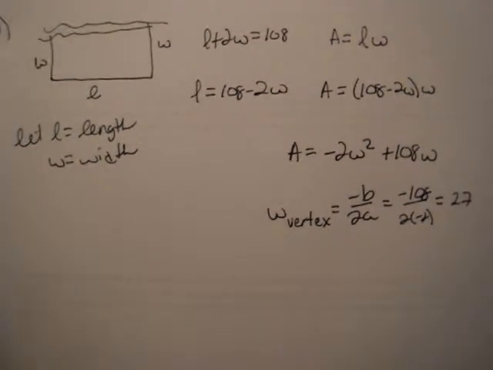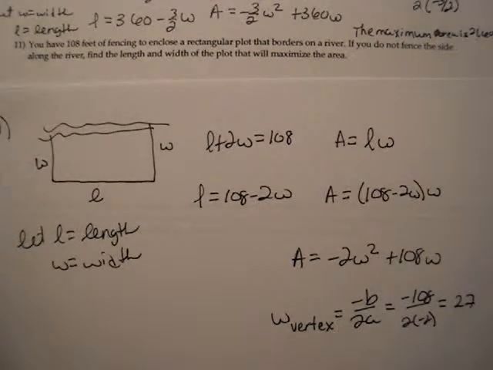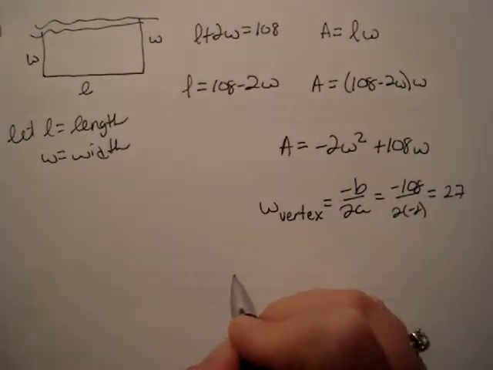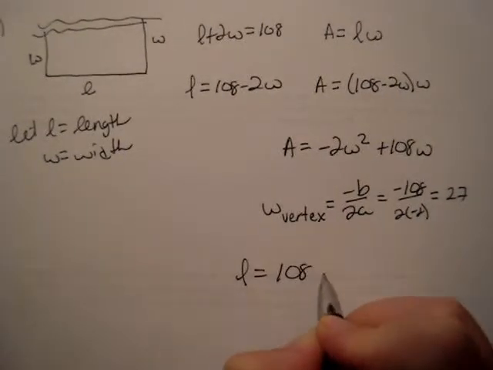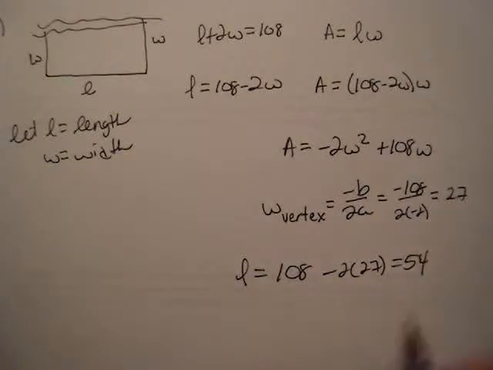Now, this time, let's read the question again. The question says, find the length and width of the plot that will maximize your area. They don't ask me for the actual area, just the length and width. Well, I just found the width. To find the length, I go 108 minus 2 times 27, and that would be 54.